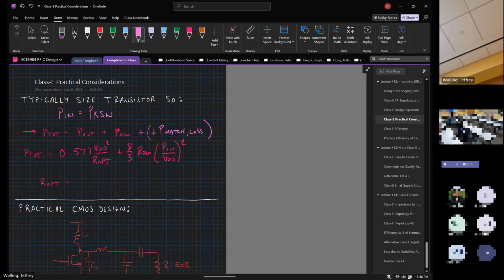Okay. So if I want to deliver a specific amount of output power, factoring in that the switch has some conduction loss in the output, I can solve and say that R opt is equal to 0.577 times VDD squared over P out minus 2.67 times R switch.